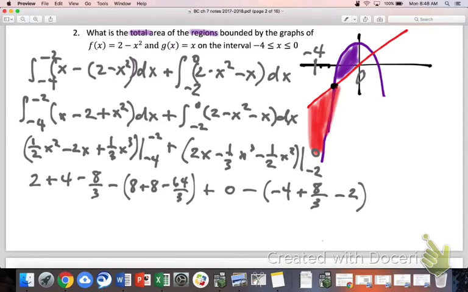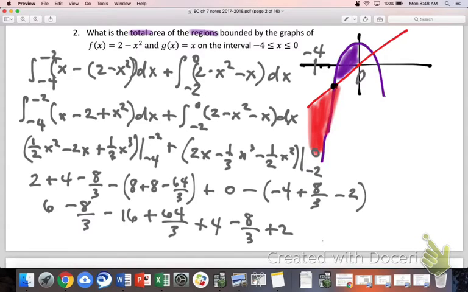We can do this. So I get, let's see here, 6 minus 8/3 right there. And then it'd be minus 16 plus 64/3 plus 4 minus 8/3 plus 2. So, golly, how does this end up working out?